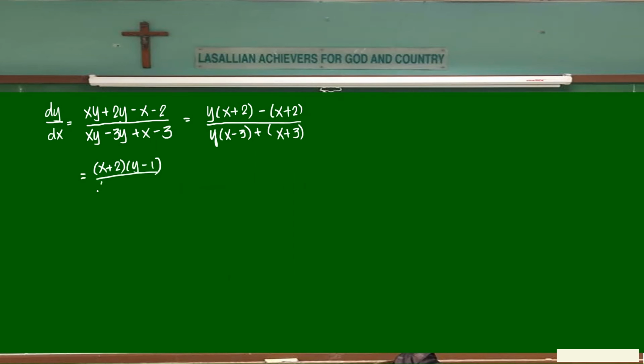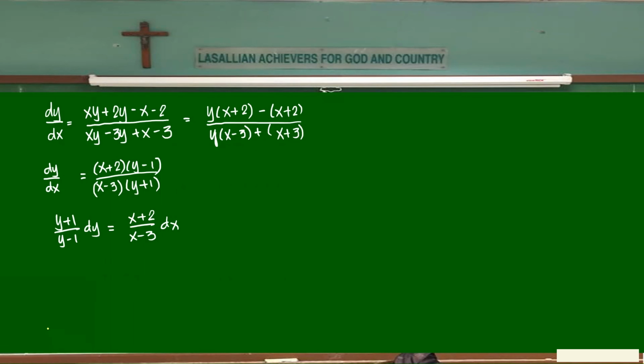Or if you factor out x minus 3, you're left with y plus 1. That is dy over dx. And then y plus 1 over y minus 1 dy is x plus 2 all over x minus 3 dx.